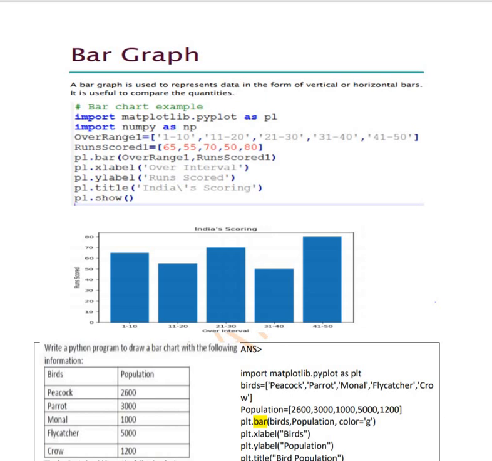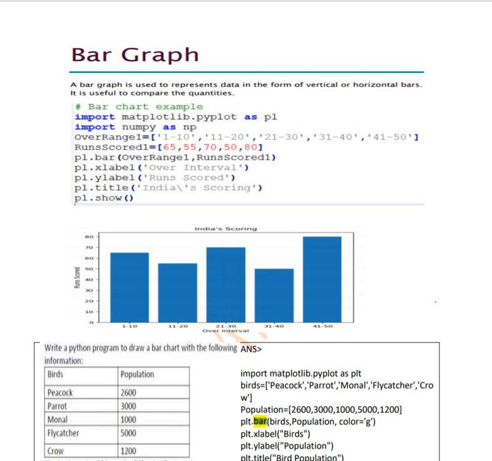So we will make two lists to make this program. In the first list we will store the birds, and in the second list we will store the population values. After that, plt.bar, we will call the bar function. Either using pl, but in this example we have used the name plt because we have imported matplotlib.pyplot with the name plt.